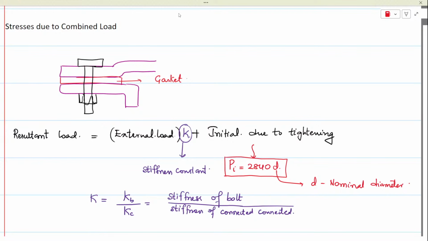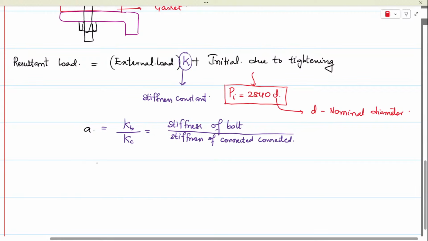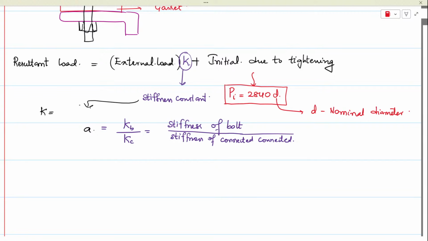Call this the factor A. K can be expressed as K is equal to A by 1 plus A. This value is generally less than 1, and it is multiplied with the external load.